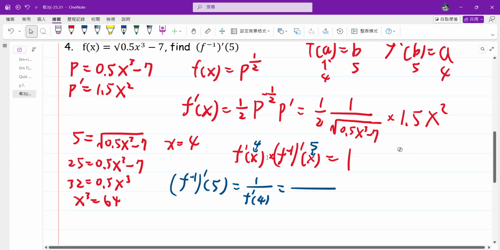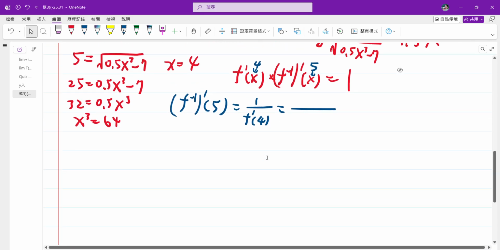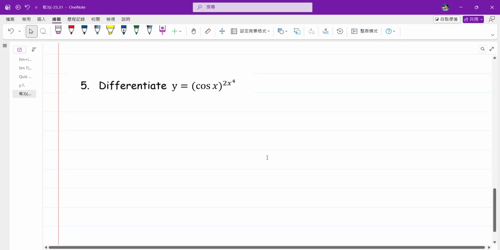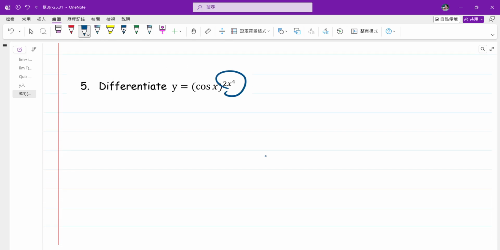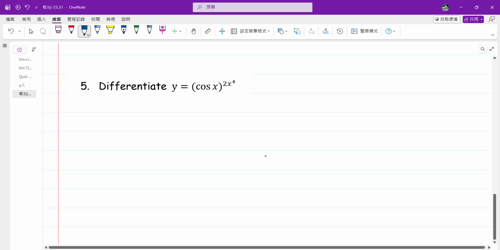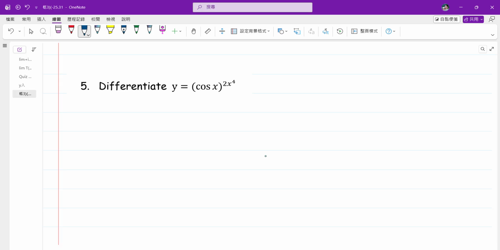Okay, next. Here, if you see a function where the power is weird like this, then you have to use the method of taking the natural log of both sides of the equation.